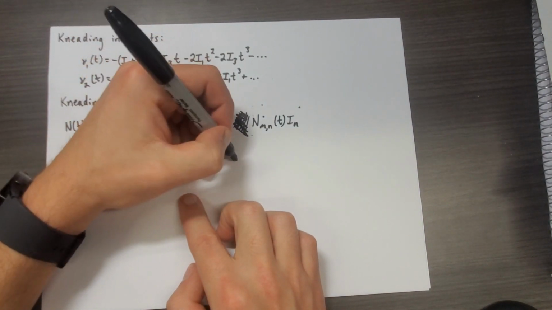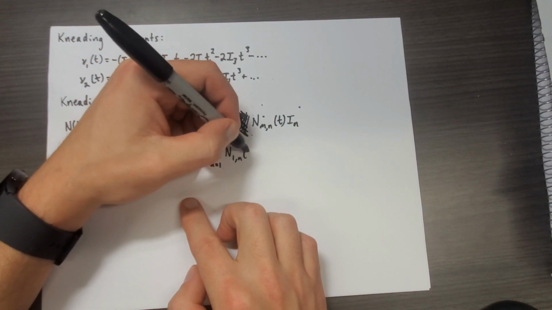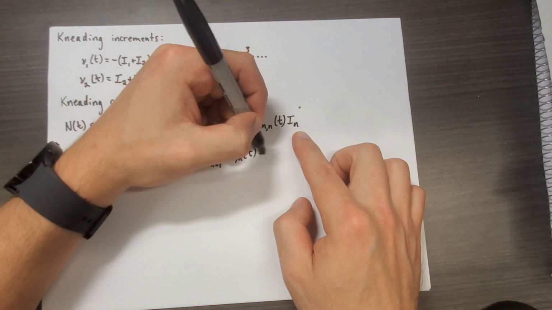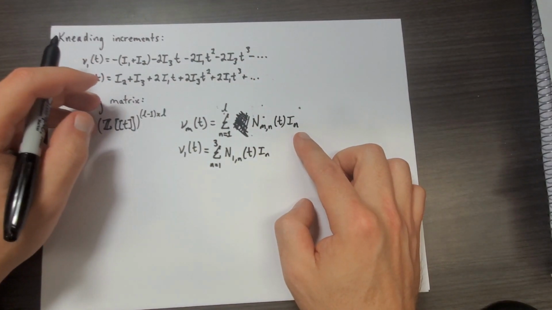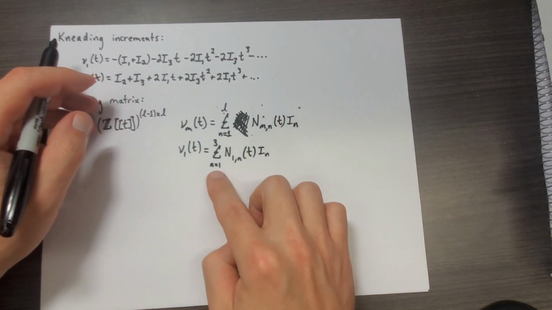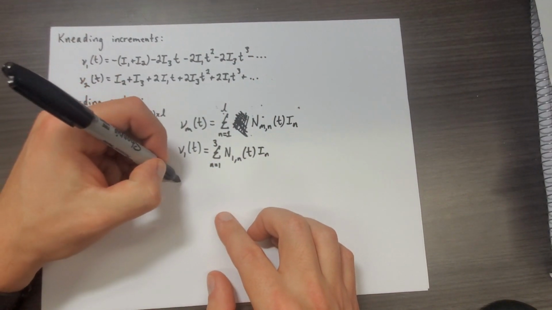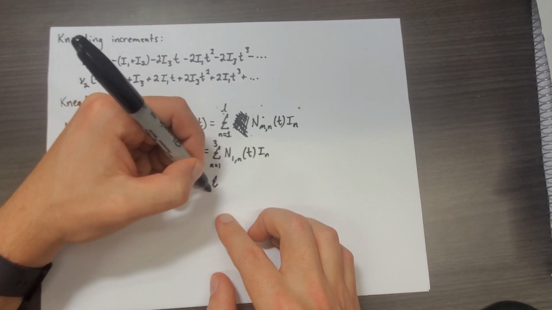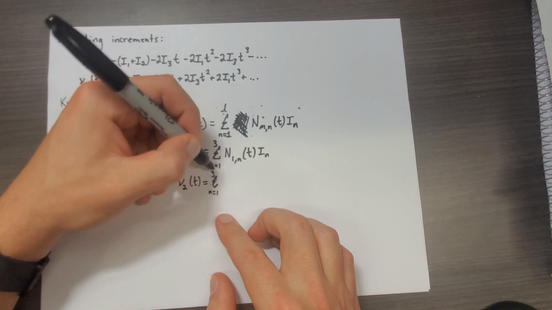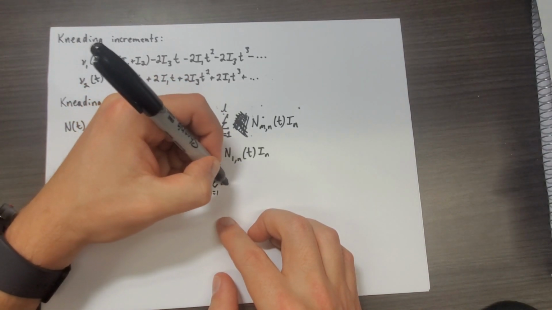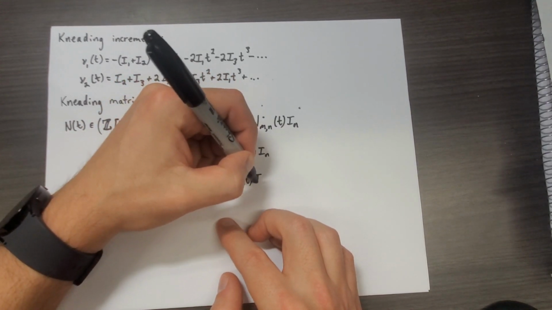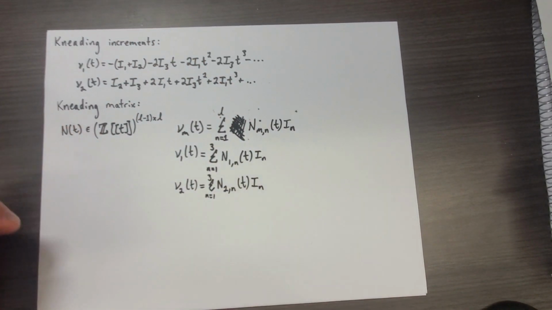So the first row and the nth column in the matrix should correspond to the coefficients of I n, whatever n is, from 1 to 3. And likewise, nu 2 is the sum from n equals 1 to 3, where you're just looking at the second row of the Kneading matrix to get your coefficients for I n.